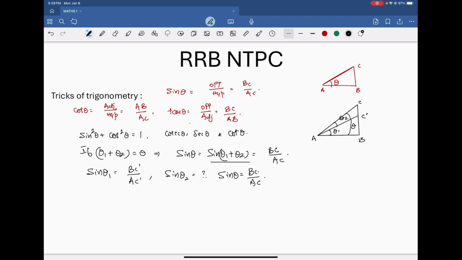Now, let's further look in depth. Sin theta is equal to BC by AC. We know that. Sin theta 1 is equal to BC dash by AC dash. We have that value also. Then how to find sin theta 2?